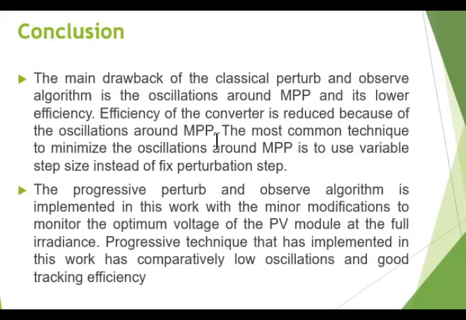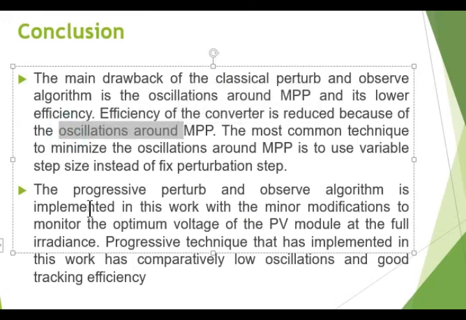In conclusion, it overcomes the main drawback of the classical P and O algorithm, which has many more oscillations. The second thing is that it incorporates monitoring of the optimum voltage of the PV module.